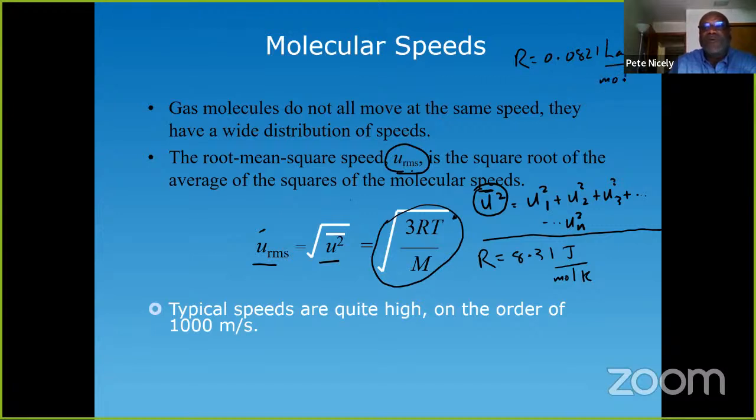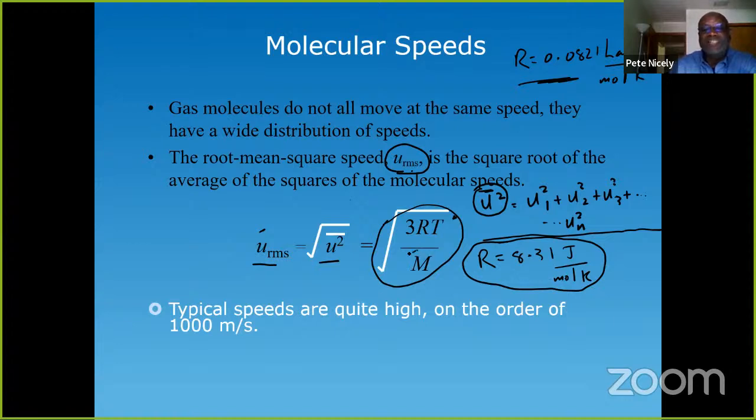This is the value of R that we have been using all along, in all the equations where R appears. However, in this case, you cannot use this value of R. You have to use 8.31 joules per mole Kelvin. So that's one thing about this equation that you have to be careful about.